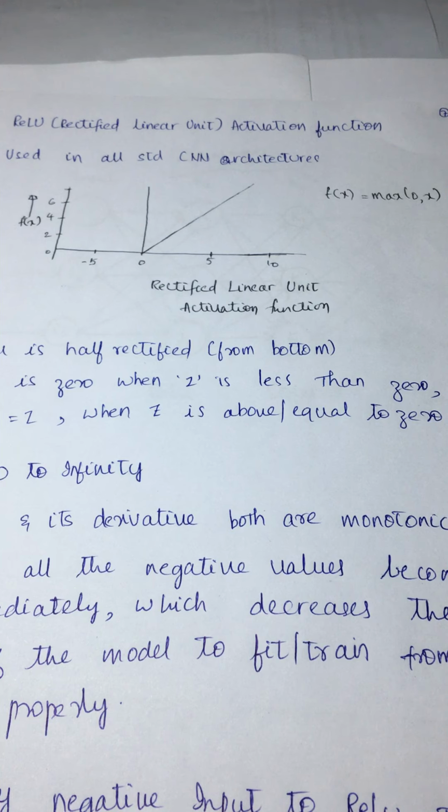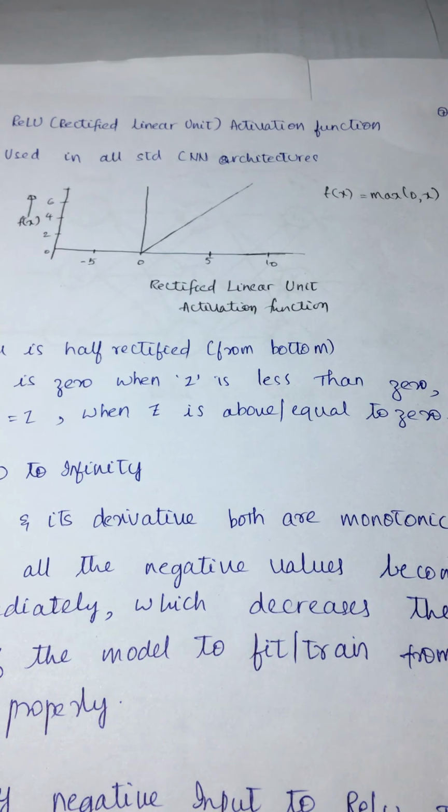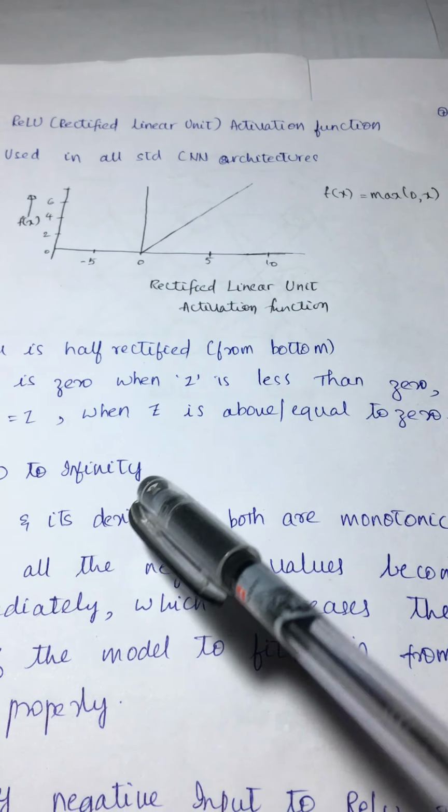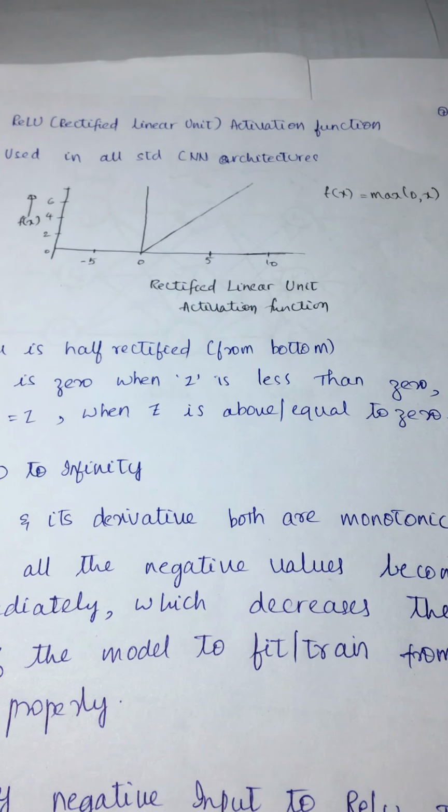You can think of this as mostly a linear function, right? But one major difference is you are restricting it to only positive outputs. Whenever the value of x is less than 0, your output will be 0 only, right? So correspondingly its range would be from 0 to infinity, it can take any value.